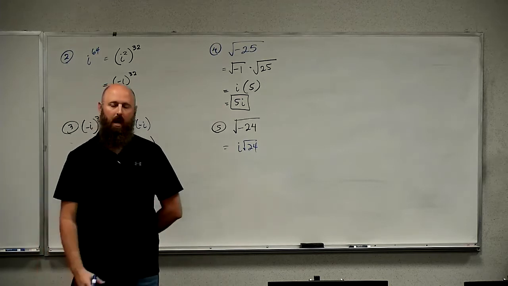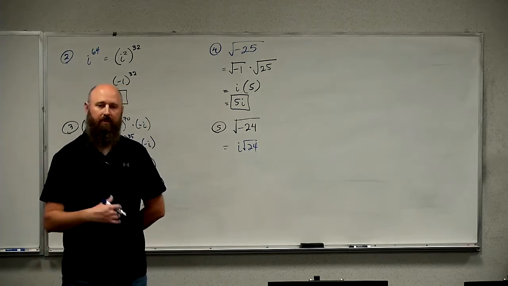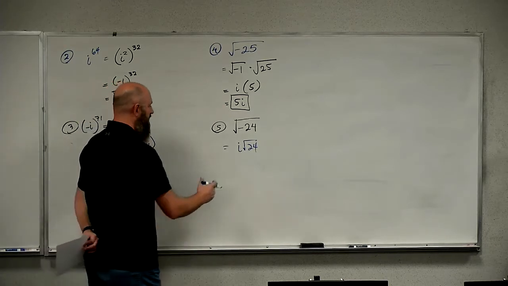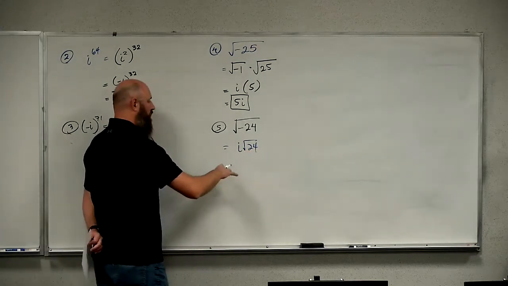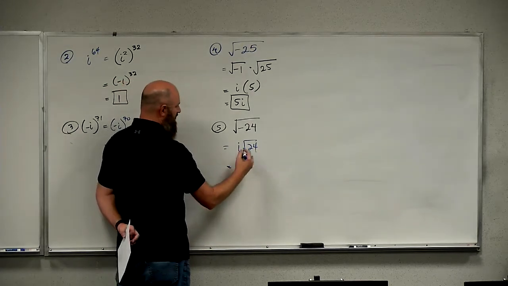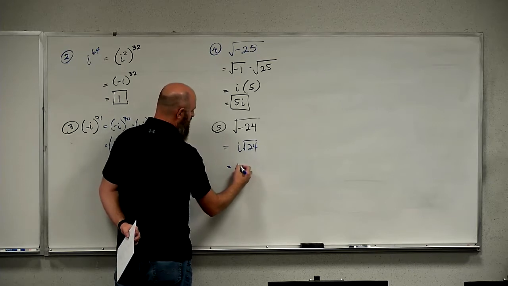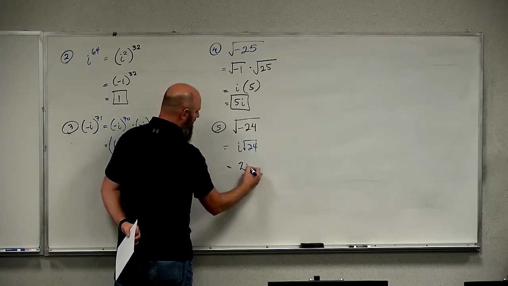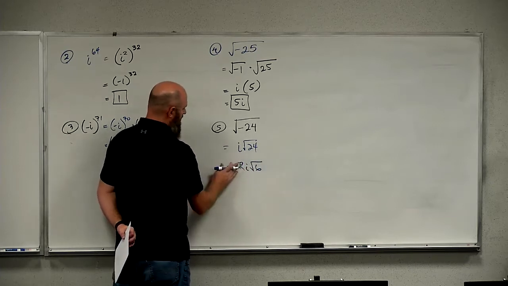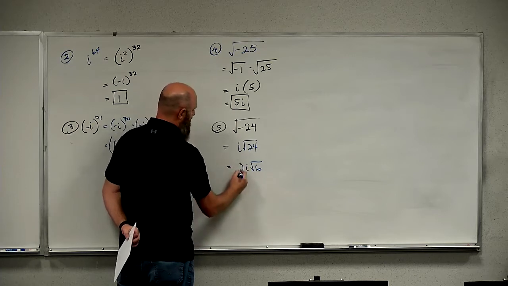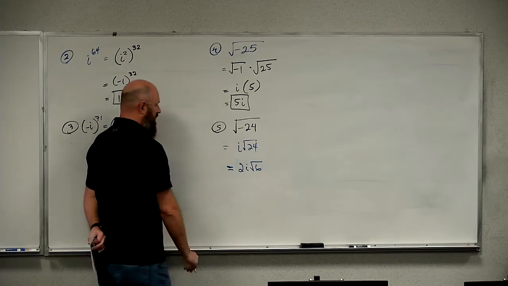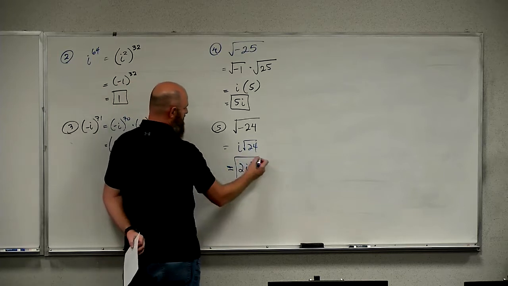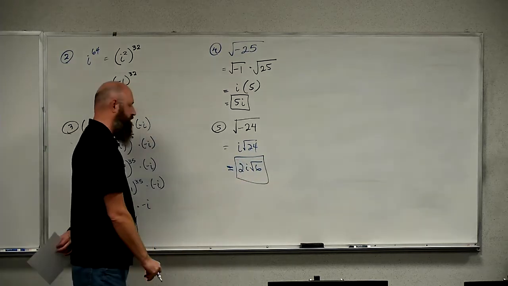I'm going to do that every time with those. Now we need to simplify that 24. Well, we know that that is 4 times 6, and so we're going to get square root of 4 is 2, i square root of 6. Okay, and that's going to be our simplified version.